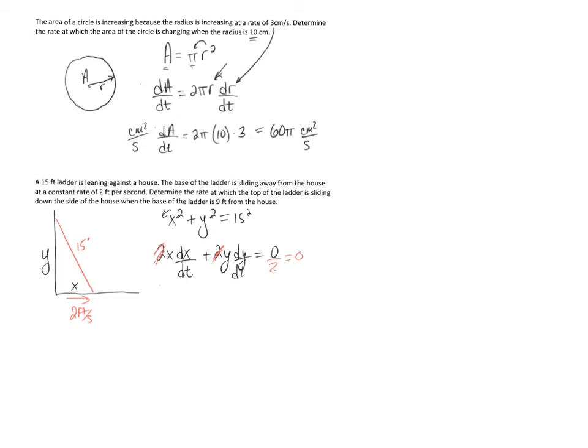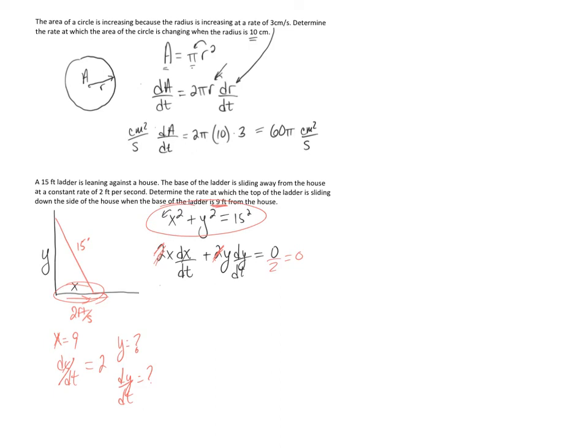We have information about the base of the ladder being 9 feet from the house, so we know that x equals 9. We know it is sliding out at 2 feet per second, so dx/dt is 2. But we don't know what y is, and they're asking us what dy/dt is. So we have a little bit of an issue, unless you remember our original equation has x squared plus y squared equals 15 squared.